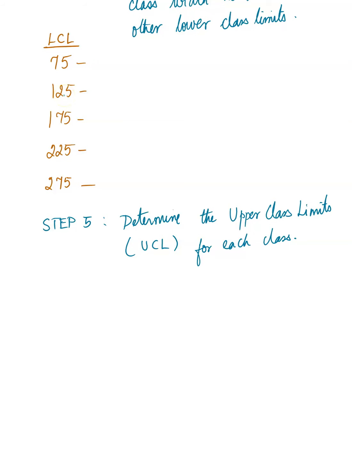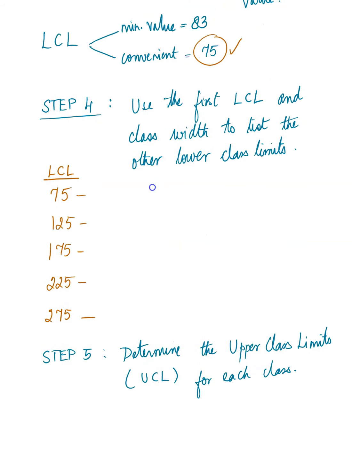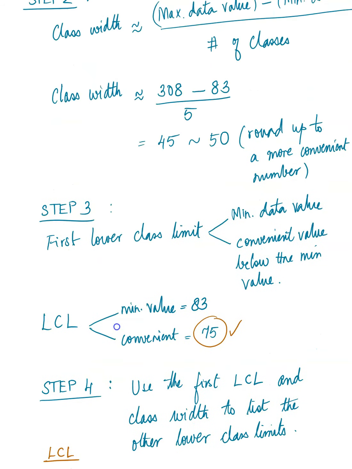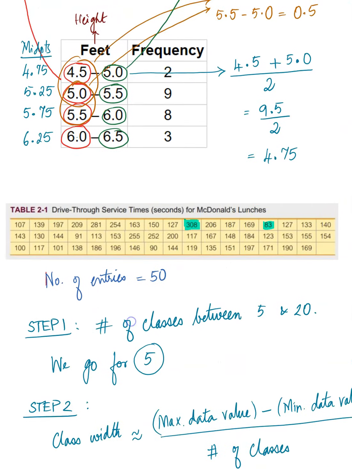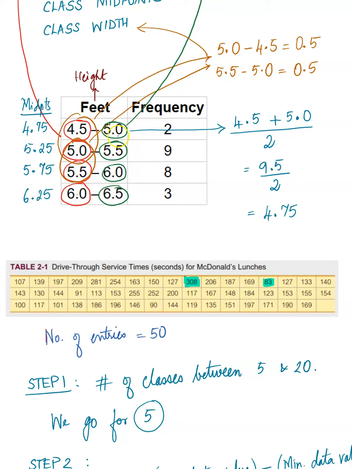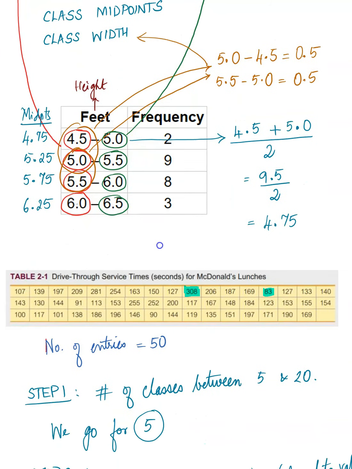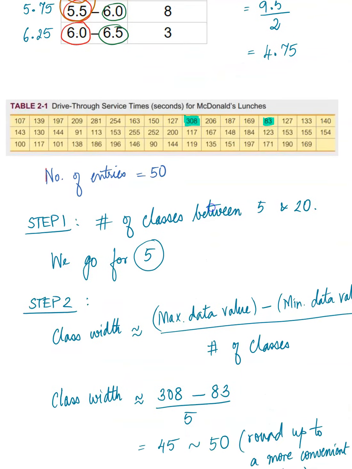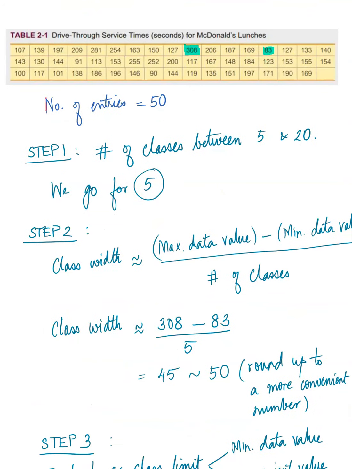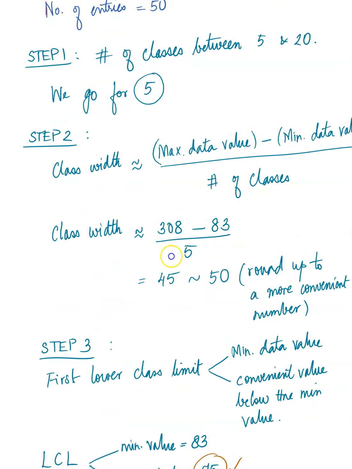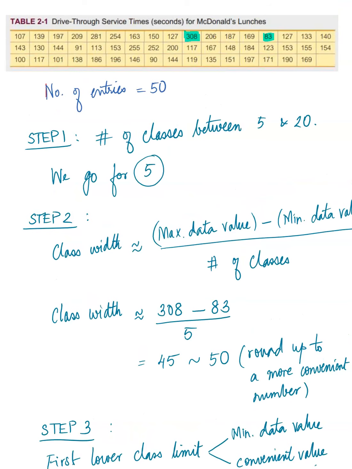I'll talk about how we need to fix the boundaries later. Remember here it ended at 5.0 and then again started at 5.0. So we want to make sure that that happens, but before that, I'm just trying to categorize it. Here I don't have any decimal values in my data set, so that means I will not lose anything in between, right?